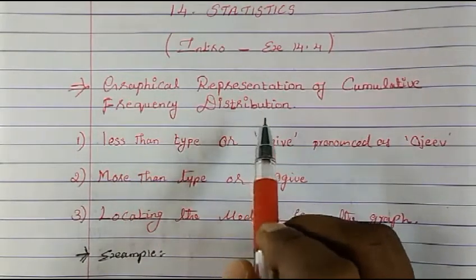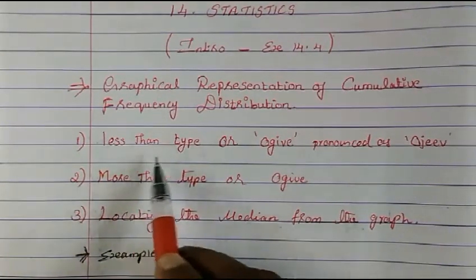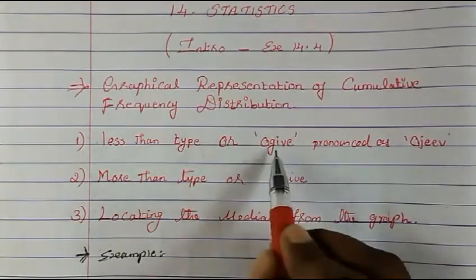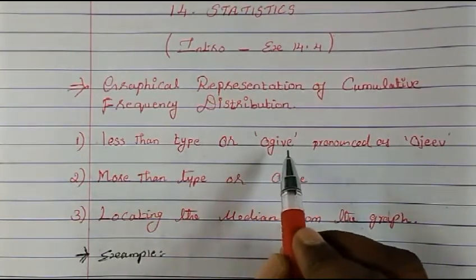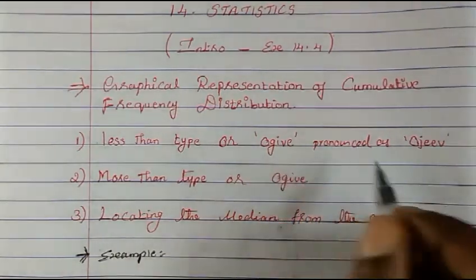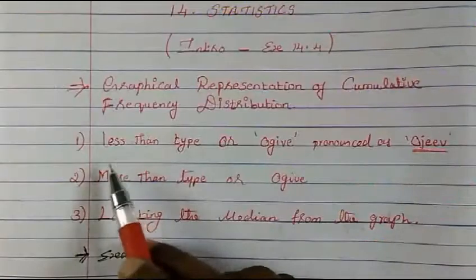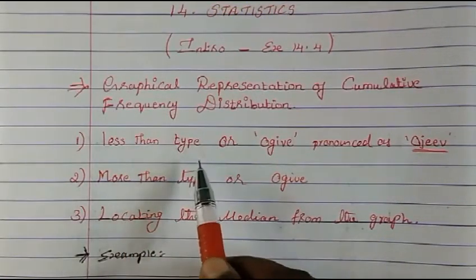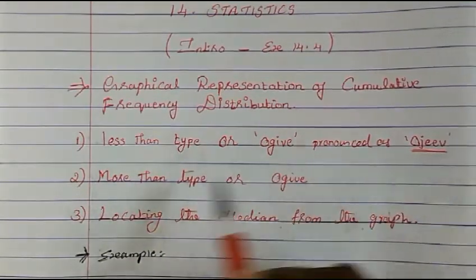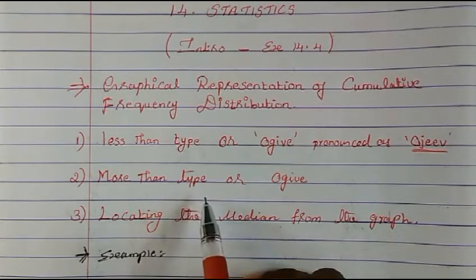So how to do this graphical representation? There are two types of curves. The less than type curve, or you can call it an ogive. The word is spelled like this, ogive, but it is pronounced as ogive. Its meaning is curve. In the question it will be asked as less than type ogive, or more than type curve, or more than type ogive.